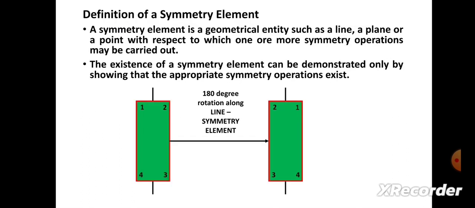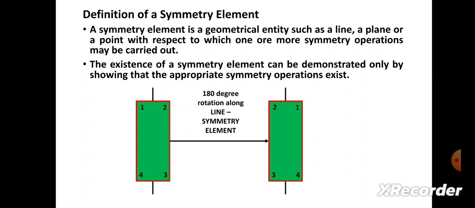Now, what is a symmetry element? Let us consider a rectangle with the edges marked with numbers, and now we are going to carry out a 180-degree rotation, or flip the rectangle, using an axis which lies along the length of the rectangle as shown. Now, what will happen?